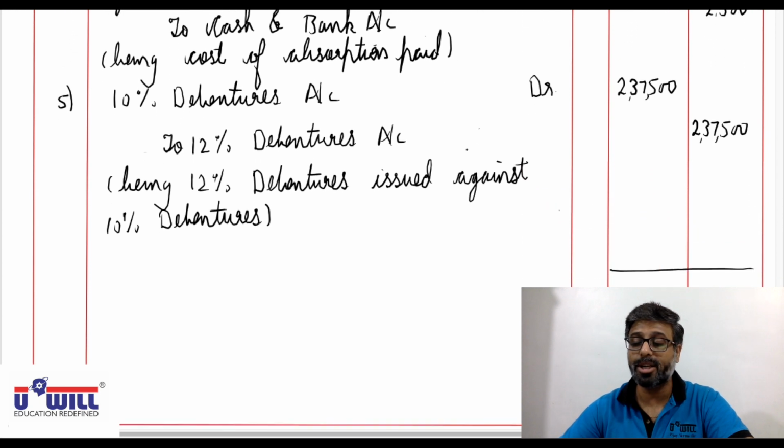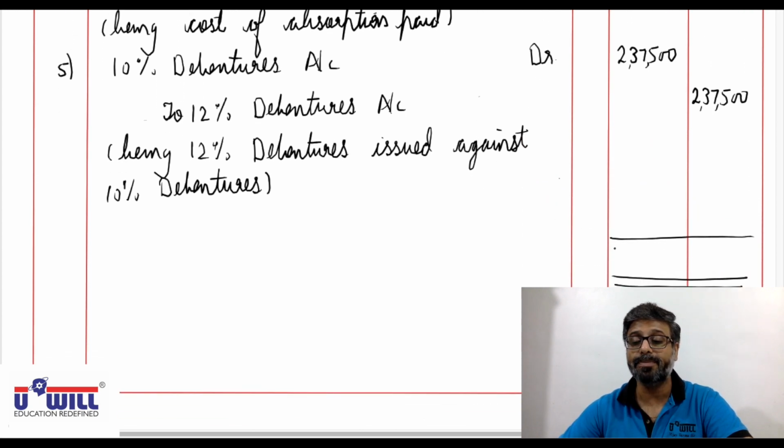Total of journal 22,86,200. So all of you must be completely clear with this question.